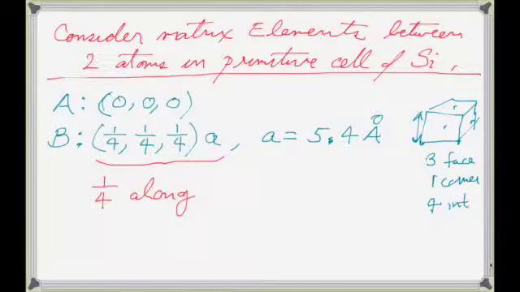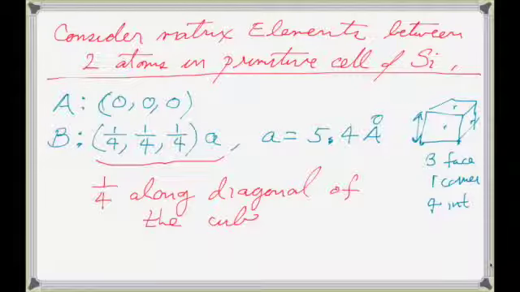If you can picture that, if you have good 3-dimensional visualization. If you take the diagonal of the cube from far corner to far corner, this would be your origin. So you've got one atom here and the other atom offset a quarter away along that diagonal.